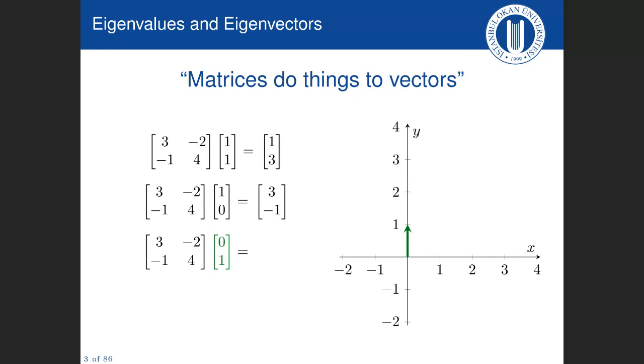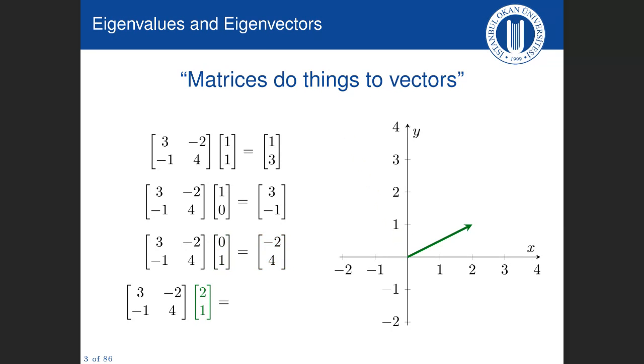Let's try another vector. What about the vector (0, 1)? Where does this go? If we do matrix multiplied by vector, we get (-2, 4). Again, we're stretching it. This one is rotating anti-clockwise. So some of them are rotating anti-clockwise and some of them are rotating clockwise.